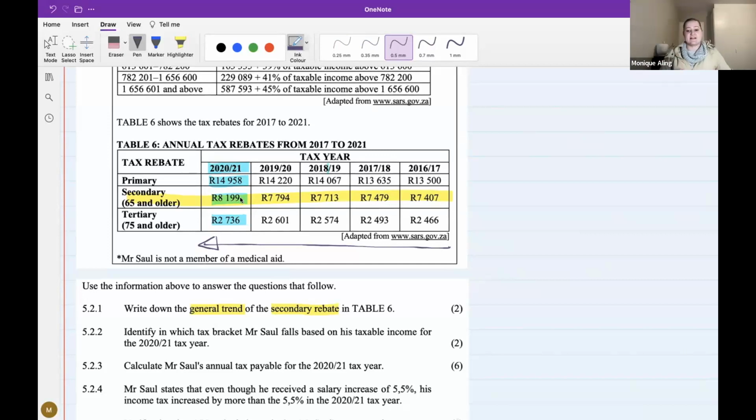As the years go by, the amount of the secondary rebate increases. So we've spoken about the years for 1 mark, and we said that the secondary rebate increases as the years go by. So that's 2 things we've mentioned, and it's for 2 marks.